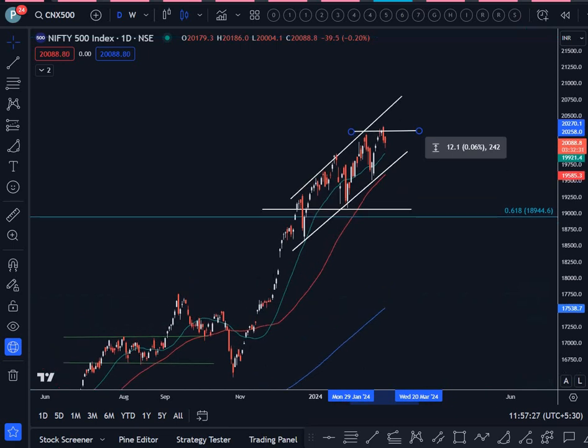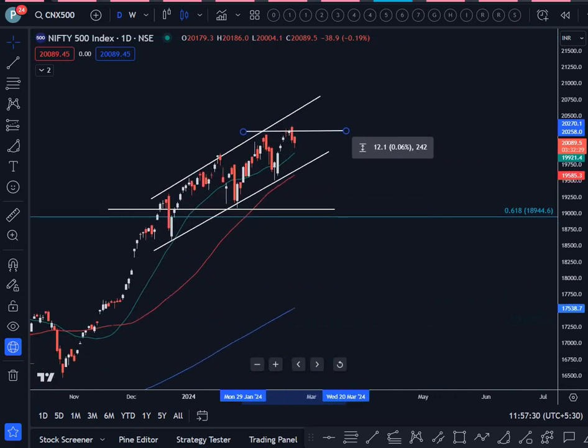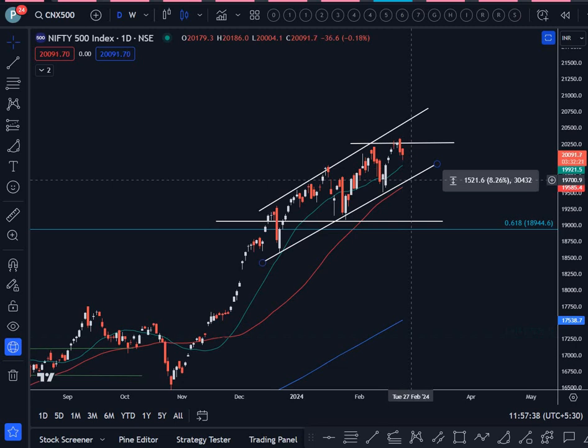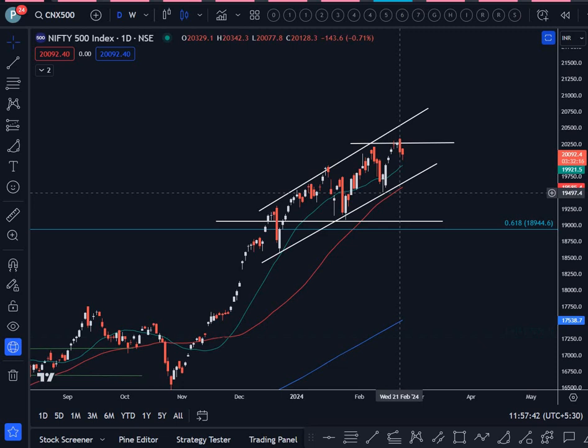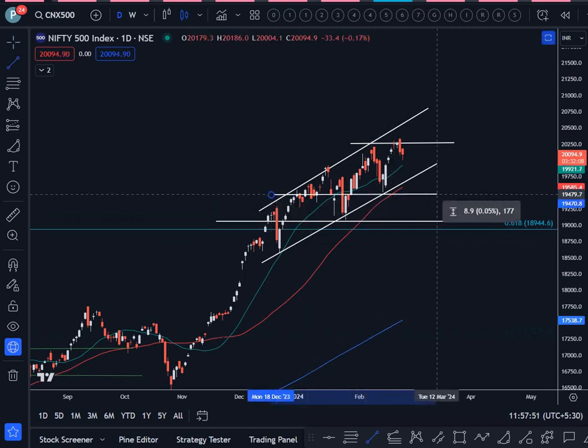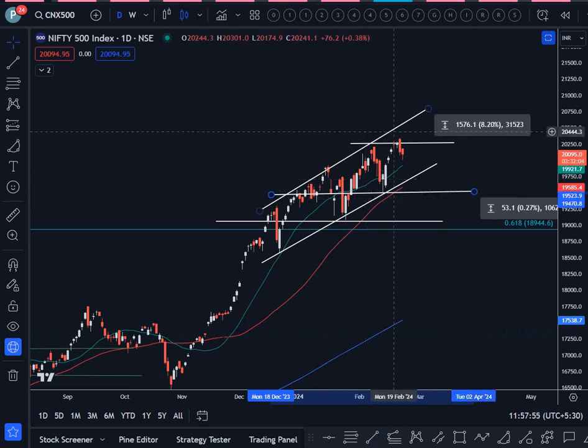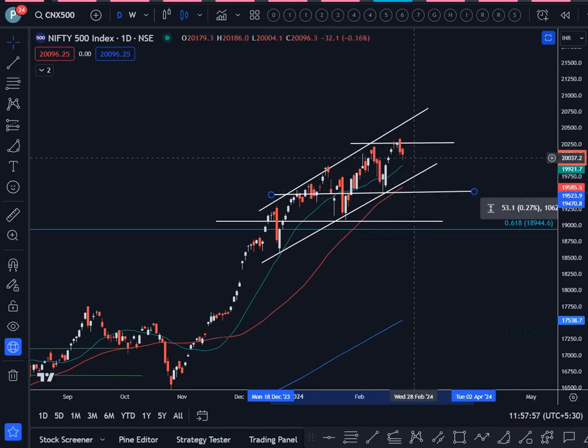Now, having said that, there is quite a bit of support for Nifty 500. One at this green colored line is the 20-day moving average. Then, at the channel also we should see some kind of support, and then there is the 50-day moving average. And if it doesn't sustain around that also, we should see support at this midpoint of this M formation, right?